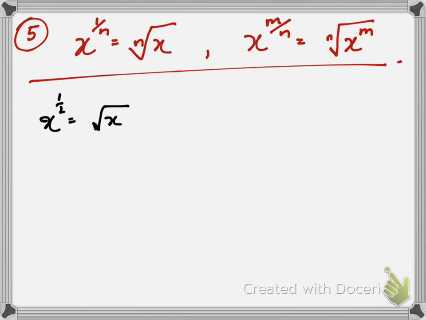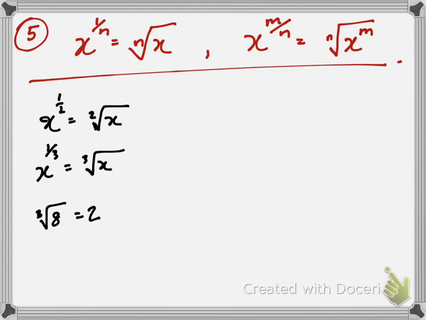Now for square root, we don't write anything in here. It's 2, but it's understood. Whereas if it's like x to the power 1/3, it means the cube root of x. For example, the cube root of 8 is equal to 2. 2 times 2 times 2 is 8.